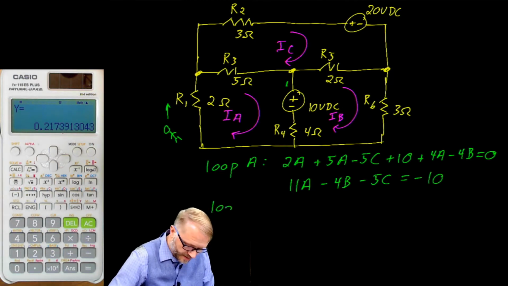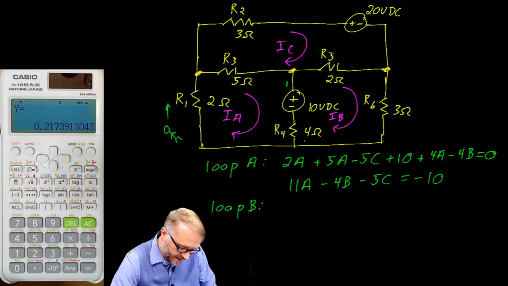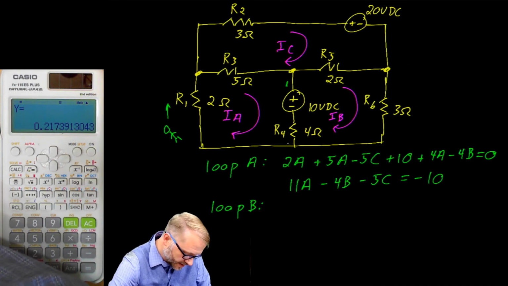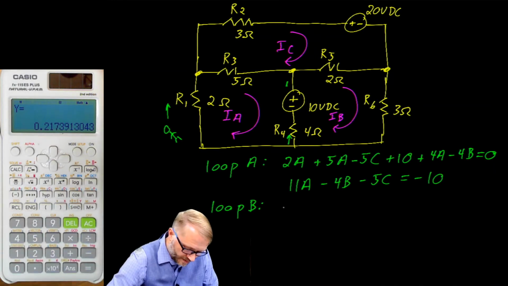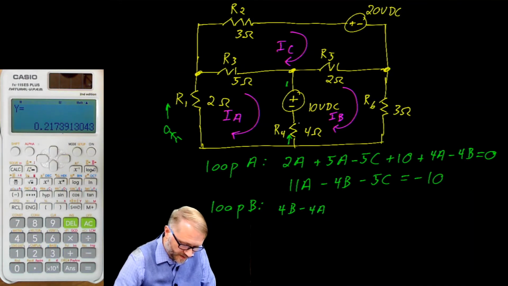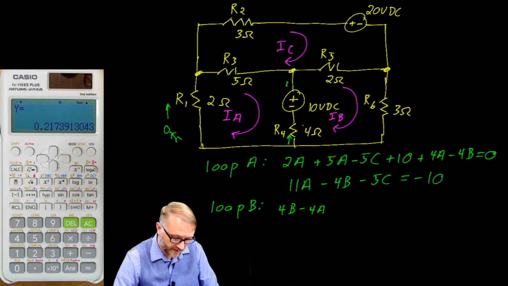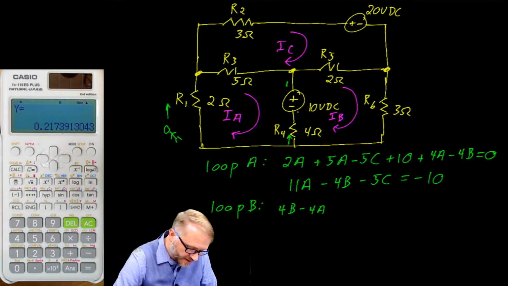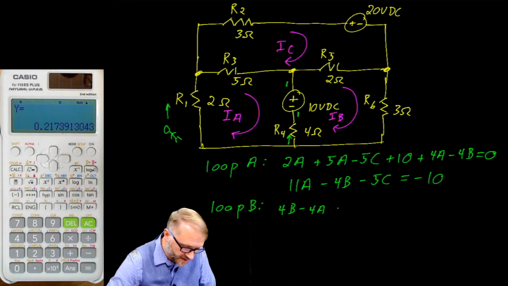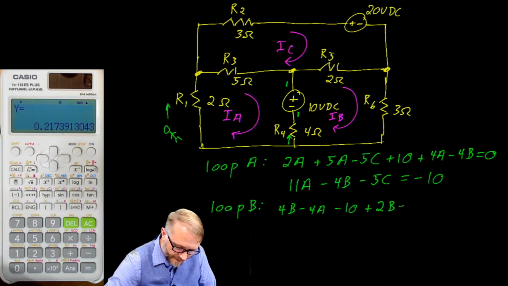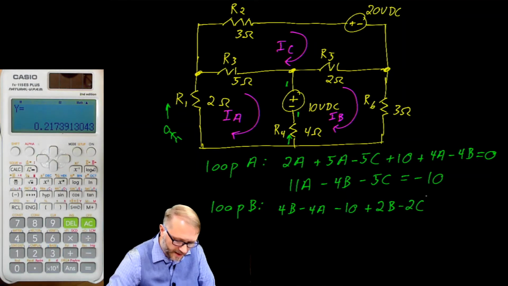Next is loop B. So that we start here and work our way up. So that's 4B minus 4A. Again, current A and B are moving opposite each other. We're entering this power supply on that terminal, so that's negative 10 plus 2B minus 2C.